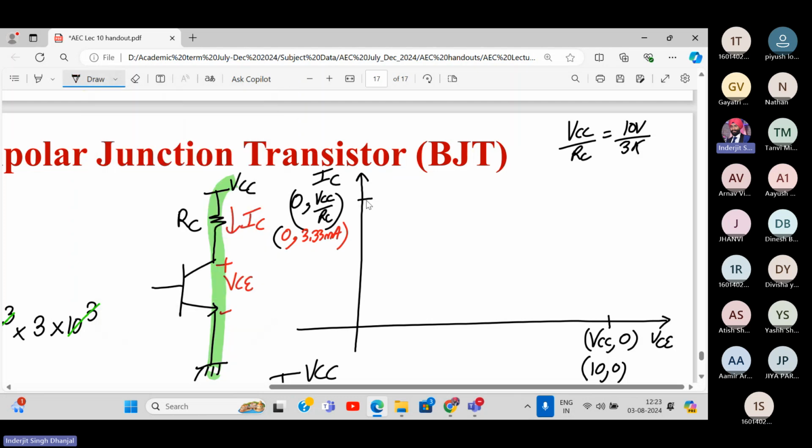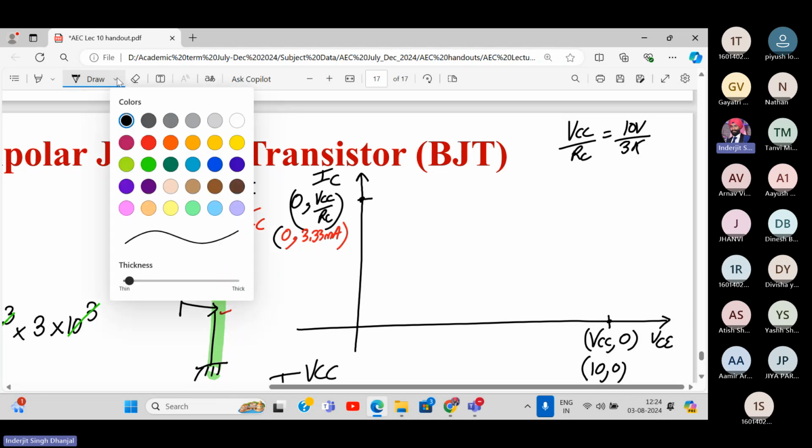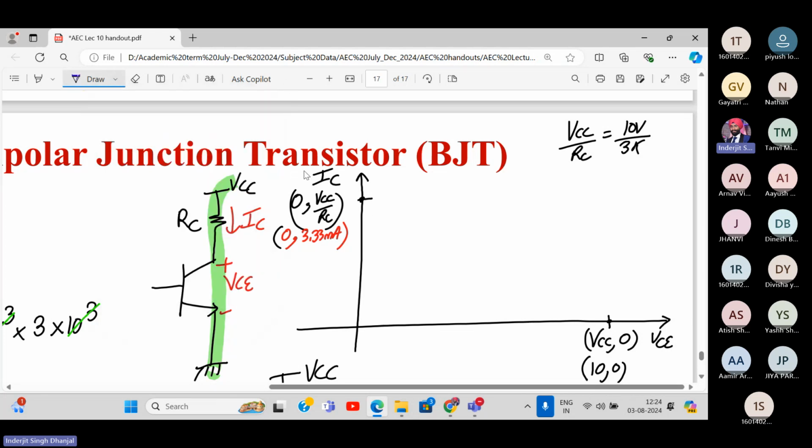So now you have two points. Connect them to join a line. So here is my line. This is my DC load line. Now how will I plot the Q point? We already have the values now. What is VCQ? We have found out how much it is: 4.42 volt.